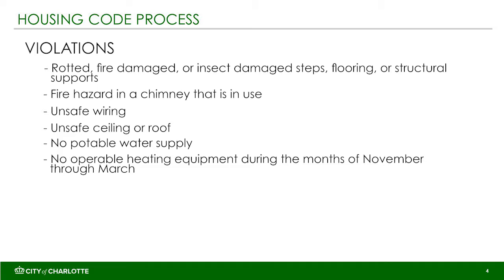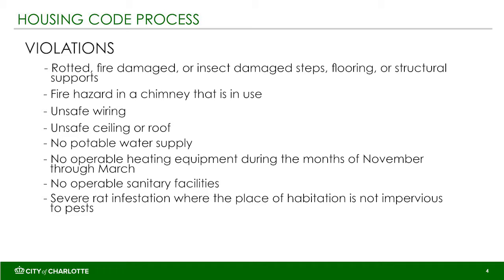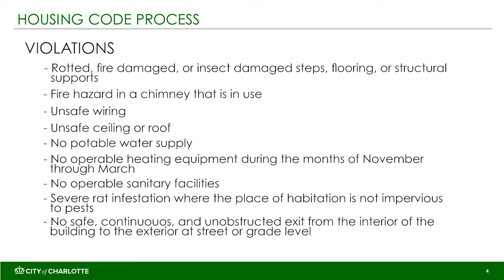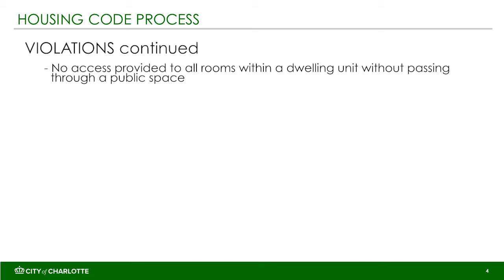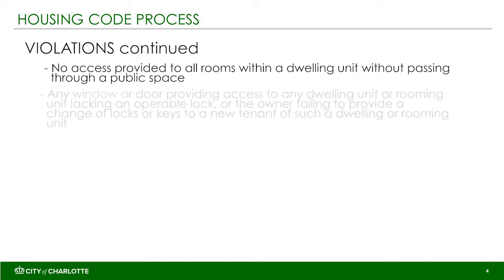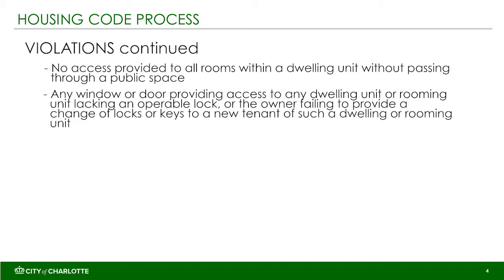November, December, January, February, or March, no operable sanitary facilities, severe rat infestation where the place of habitation is not impervious to pests, no safe, continuous, and unobstructed exit from the interior of the building to the exterior at street or grade level, no access provided to all rooms within a dwelling unit without passing through a public space, any window or door providing access to any dwelling unit or rooming unit lacking an operable lock, or the owner failing to provide a change of locks or keys to a new tenant of such dwelling unit or rooming unit, no operable smoke detector or alarm.